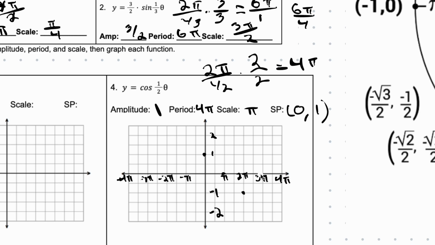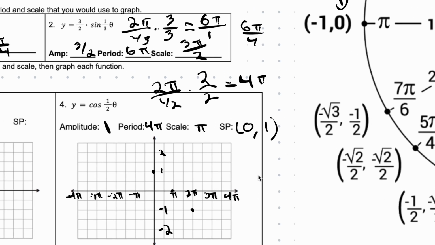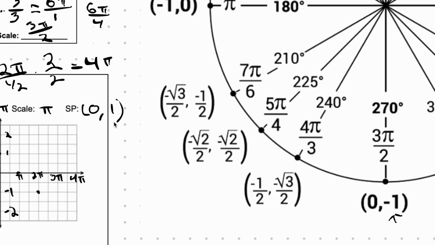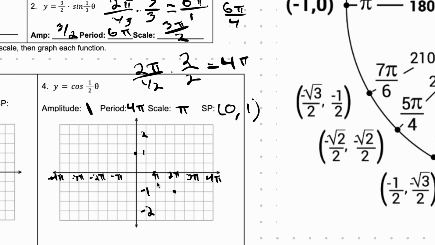So 3 pi, right? 3 pi times 1/2 is going to be 3 pi over 2, and we look here, the cosine of 3 pi over 2 is 0. So we can just continue this. 4 pi times 1/2 is 2 pi. If we look at our unit circle, that's going to bring us back to 1. So we have this.